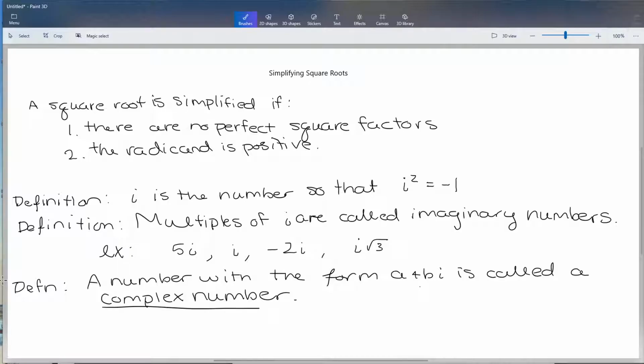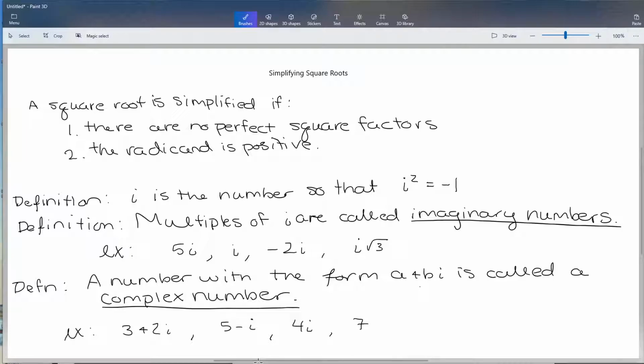A number of the form a plus bi is called a complex number. Some examples: you might have 3 plus 2i, or 5 minus i. You might have something that's also an imaginary number, like 4i, or you could even have just a real number like 7.